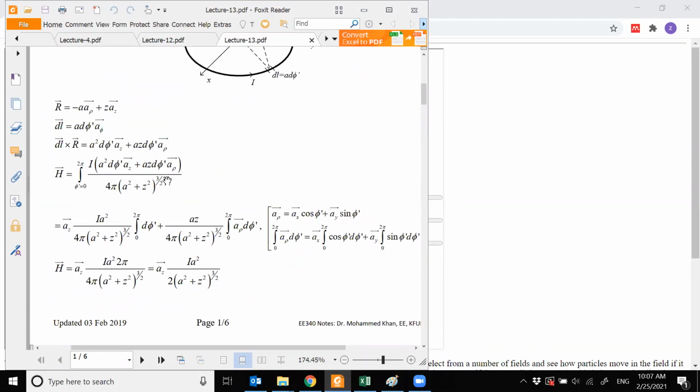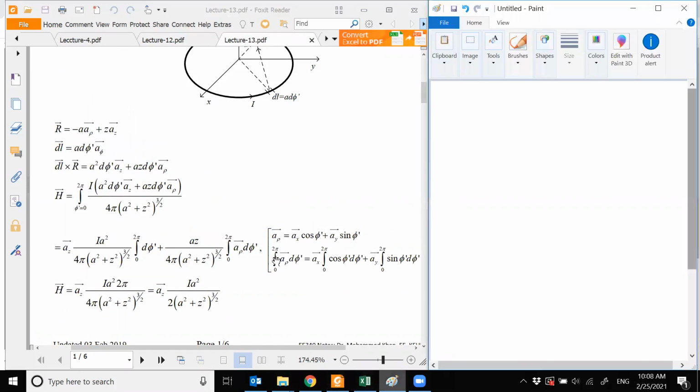In the analysis, as I told you, you will get the dl cross r, you will find the H, and the H will have two terms, the a_z term and the a_rho term. Here you need to be very careful. Can I take a_z outside the integral? Yes, because the unit vector a_z is not a function of phi, so in cylindrical coordinates you can take it outside. I already told you about this.